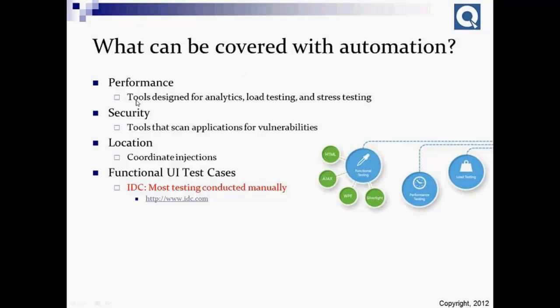All the other ones up here, performance, security, and location, those automation tools are interesting and very useful, but what people want is the immediate information to certify whether their application is working correctly, so they immediately jump down to functional testing. They want to download the application and start hammering on it to see how it performs. That's where they get their quickest information. So this is really why functional UI testing is where automation solutions should be applied.